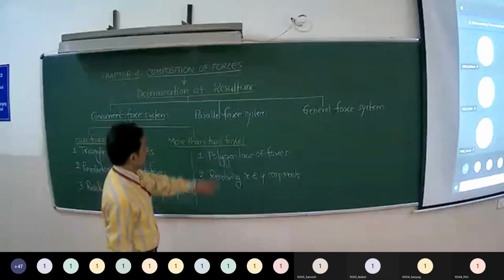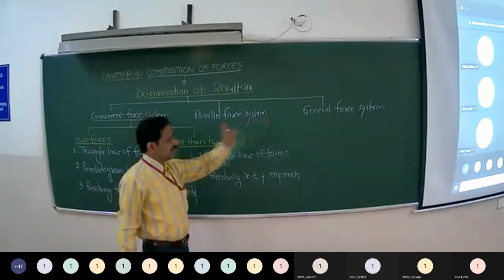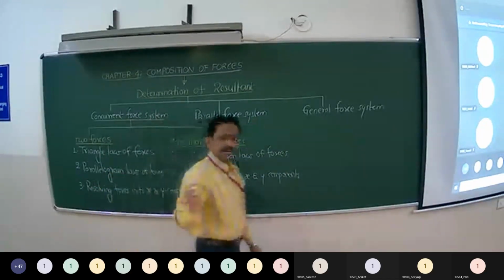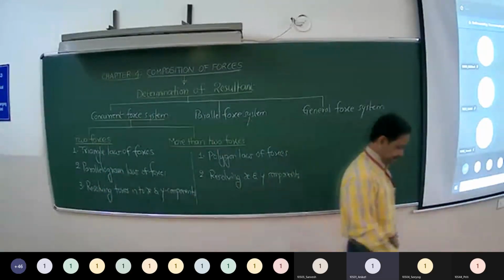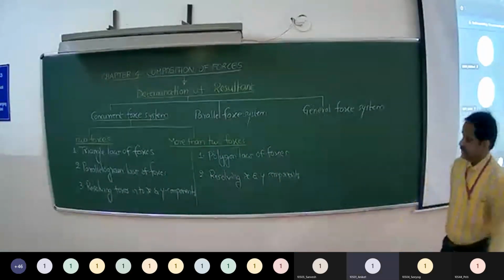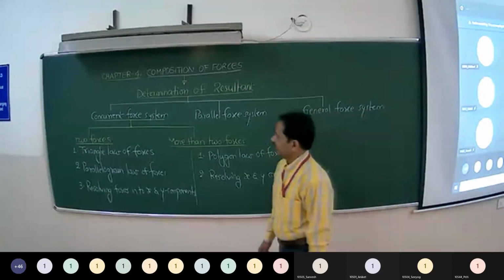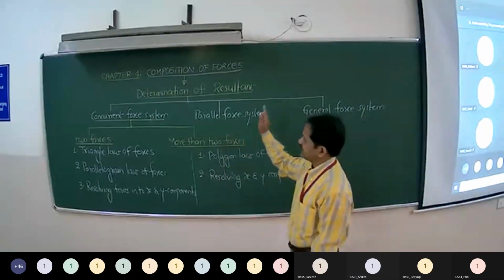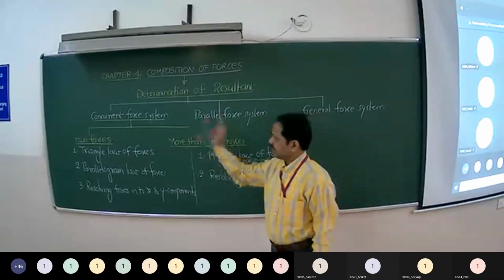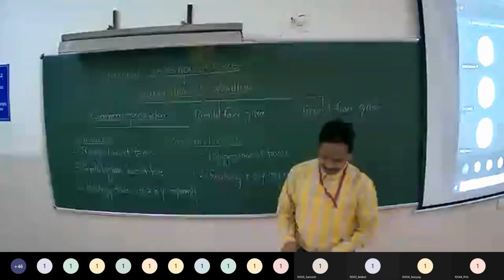Please note down, parallel force system and general force system, that we will see later. So we are going to discuss in detail the determination of resultant for the coplanar concurrent force system.